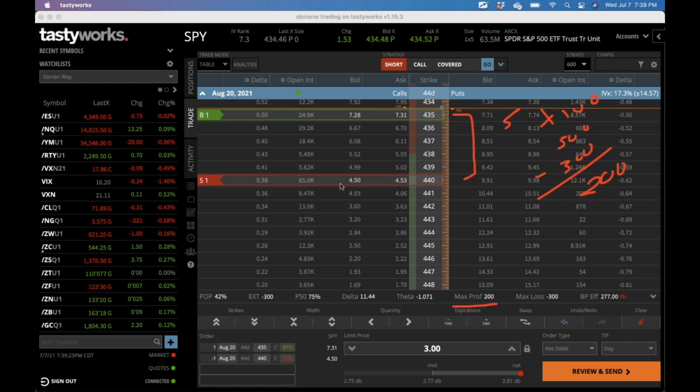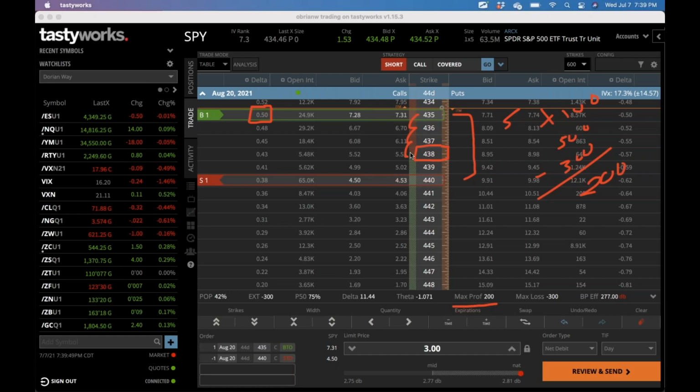But to determine your probability, even though we're buying at this 50 delta here, this call spread, at expiration once again you have to factor in how much you are paying. So you're paying $3, so you have to go $3 from where your strike is, right? So this is 1, 2, 3. So this is your break even right here at this 438.